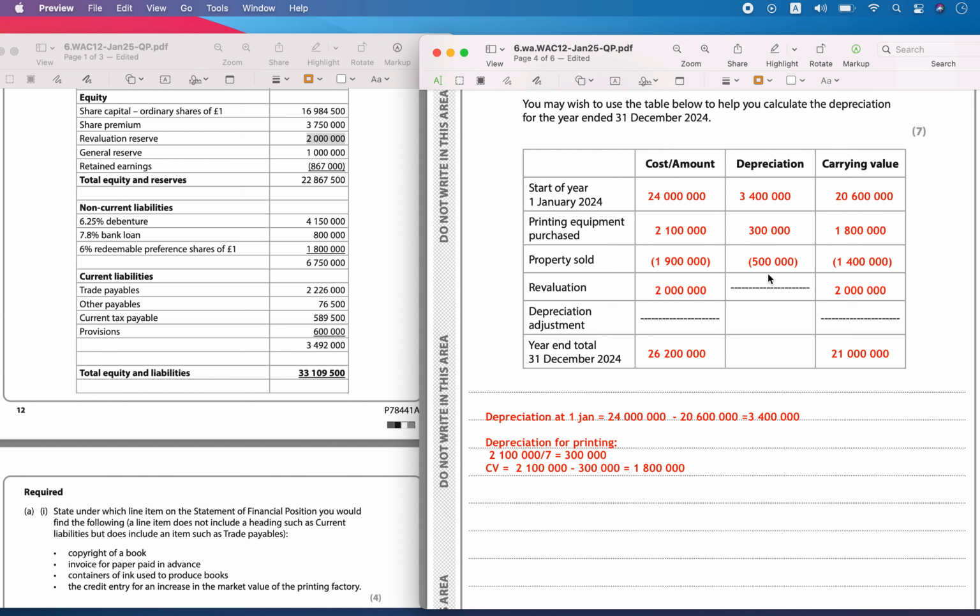Let's calculate here 3.4 plus 0.3 minus 0.5, that is equal to 3.2 million. First let's calculate the difference in the carrying value. The difference is 26.2 minus 21 million, which is equal to 5.2 million.